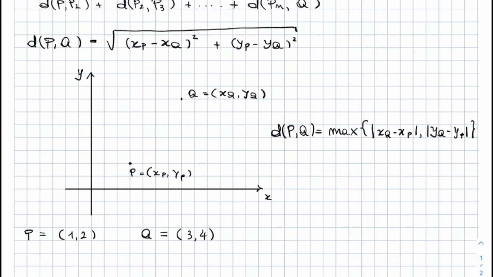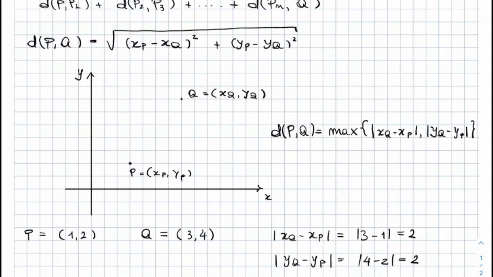Then the absolute value of xq minus xp is equal to the absolute value of 3 minus 1, which is equal to 2, and the absolute value of yq minus yp is equal to the absolute value of 4 minus 2, which is again equal to 2, and therefore the distance between P and Q in this metric is exactly equal to 2, because it is the maximum between the two absolute values.